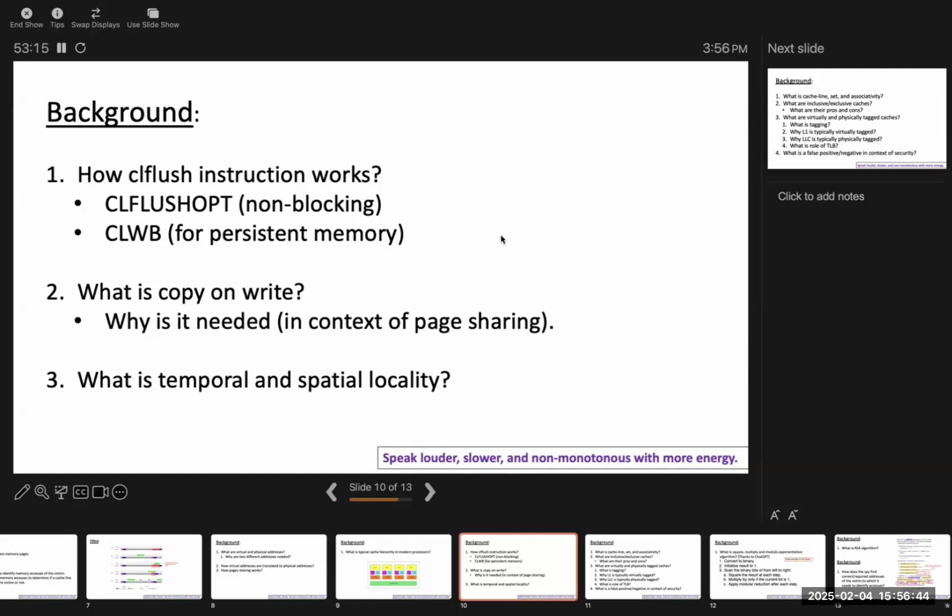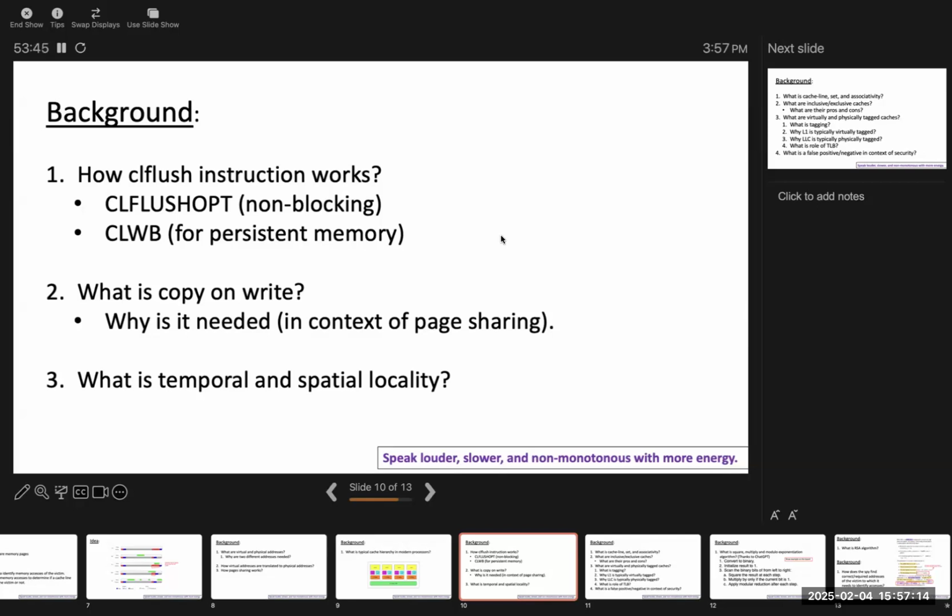Now, if it is shared and process A wants to write data in this page, it can create problems for process B. For example, it can create data consistency problems, or let's say, at the same time when process A is writing a particular address, process B wants to read that address.